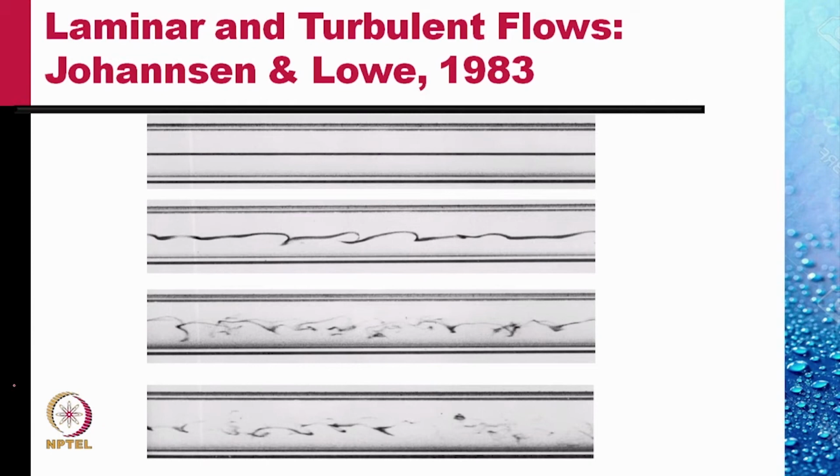When a combination of these parameters, defined as density times the velocity times the diameter of the pipe divided by the viscosity, exceeds a certain value, the flow becomes turbulent. So, if the diameter of the pipe is more, to get the same value of the parameter, you need more velocity of the flow for the turbulence to be set in.